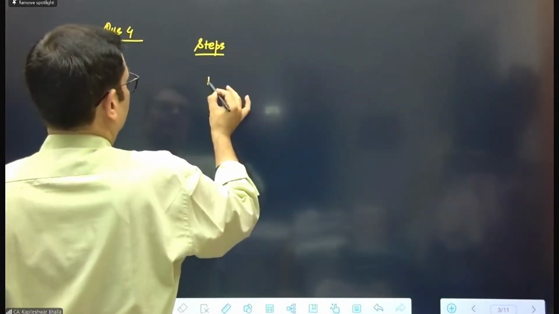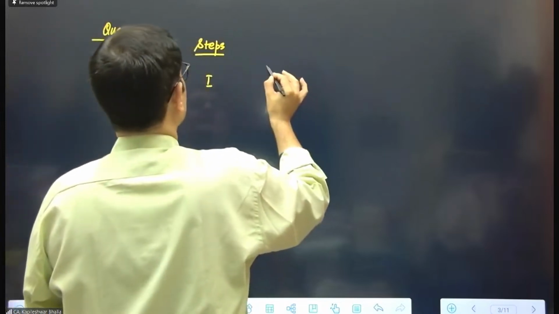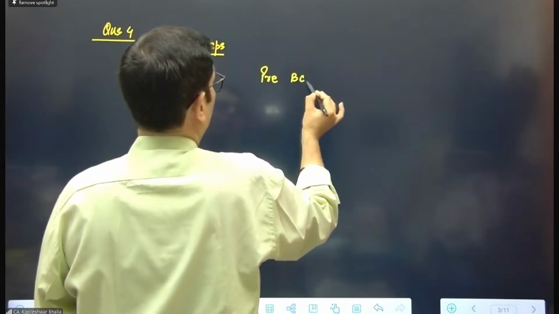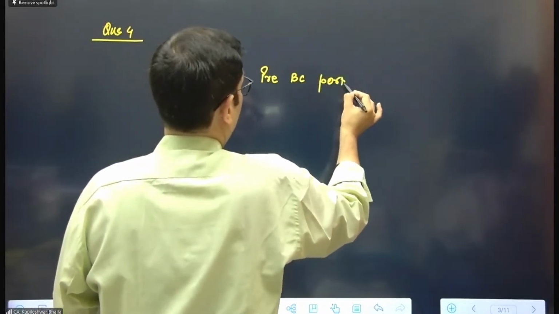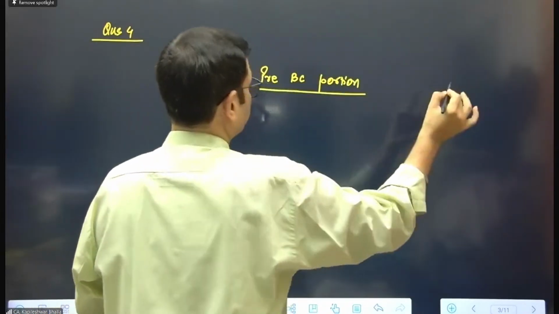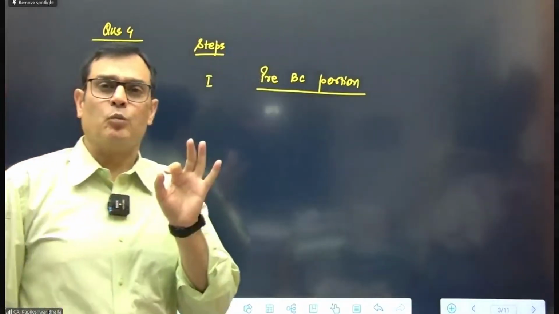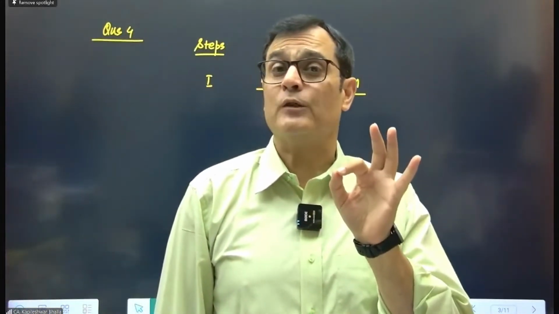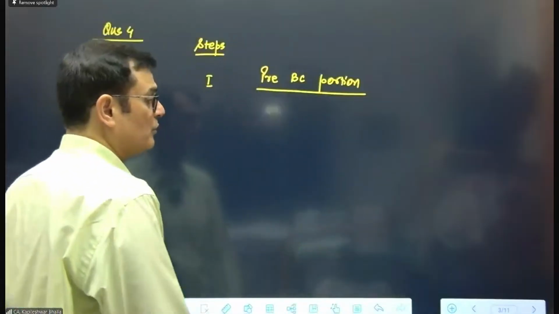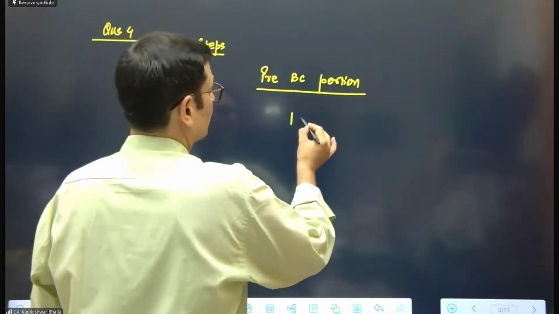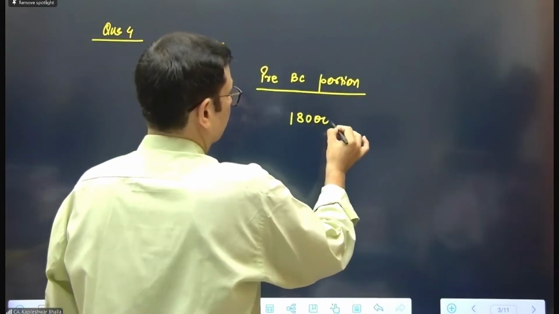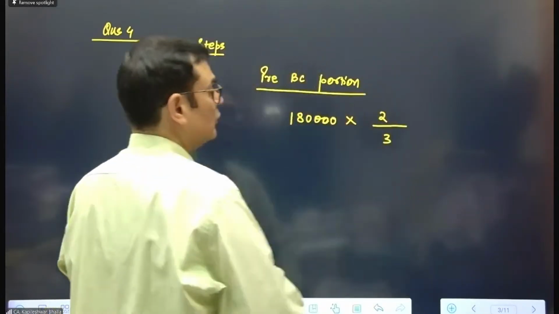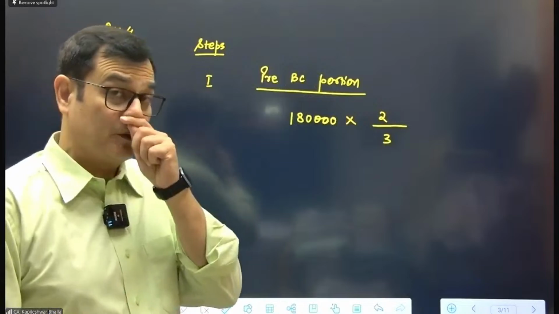Step number 1. First of all, let's consider what is the pre-business combination portion. We need the fair value of the original award on the date of acquisition. What is the fair value of the original award on the date of acquisition? I think it was 1,80,000, into the vesting period completed, which is 2, over the original or total vesting period, which is 3.